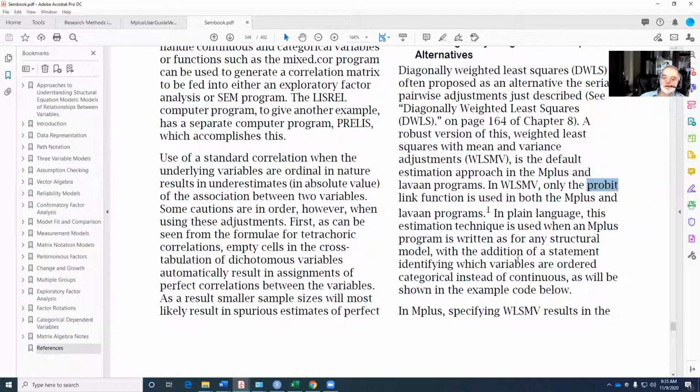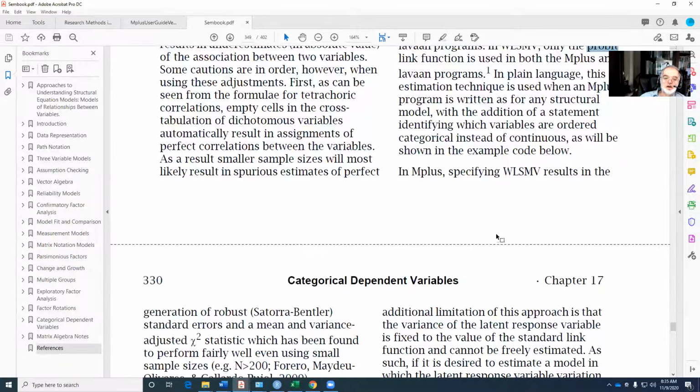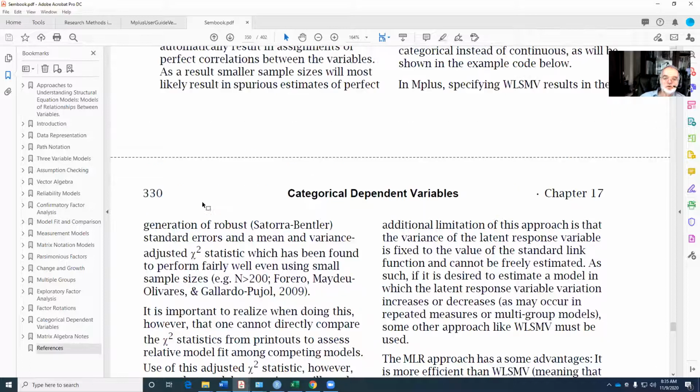So what we were talking about up above at the top, when I showed you that exploratory factor analysis program, that's going to be doing WLSMV. And inside of Mplus, that's going to give you some robust standard errors and a mean and variance adjusted chi-square statistic.